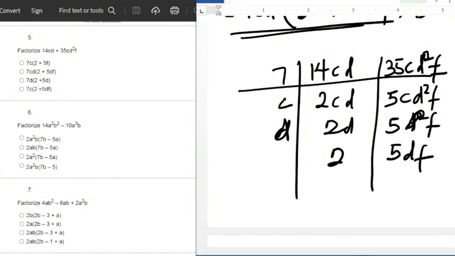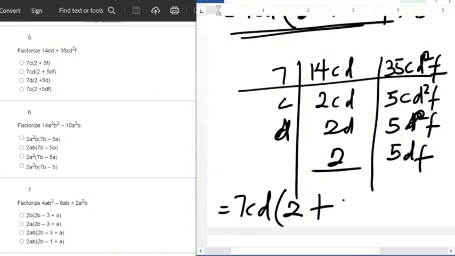The HCF, 7CD, goes outside. What you have left here is 2, you put it here, between the terms is plus, and what is left is 5DF. You can see it's the same thing. Alright, so that is how to do that.